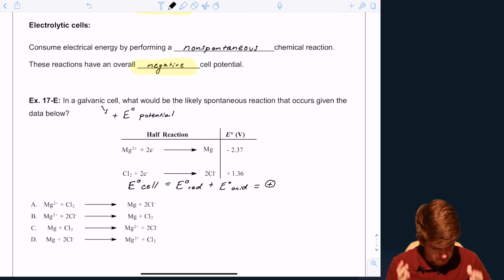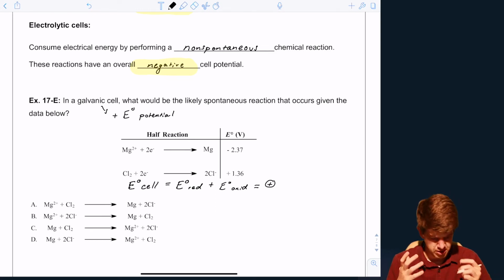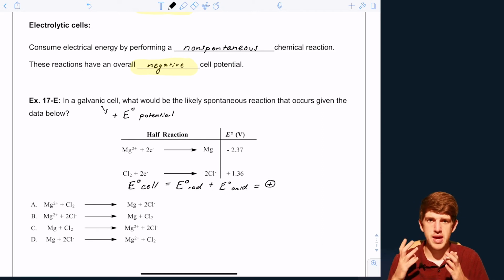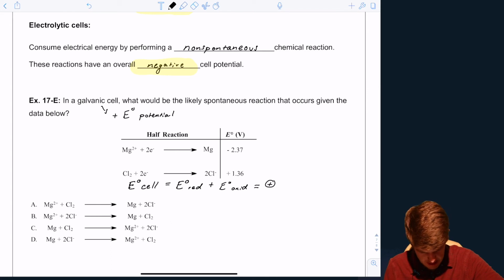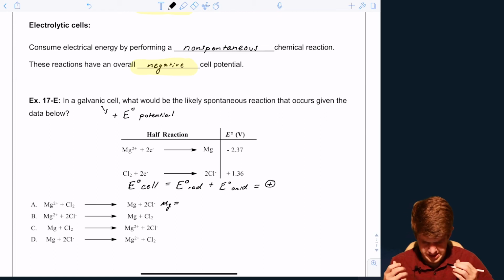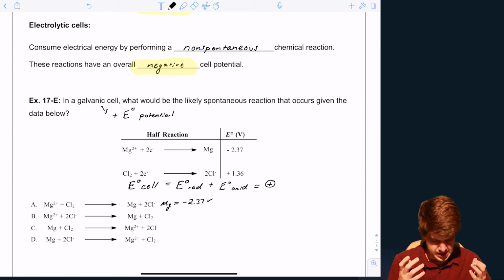Well, first one, Mg2+ + Cl2 becomes Mg + 2Cl-. Mg2+ is becoming Mg. So I went from a 2+ state to a state of 0. So I am gaining electrons. So Mg2+ is being reduced, and that would have a reduction potential of negative 2.37 volts.